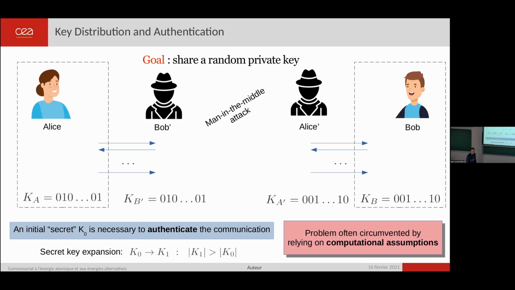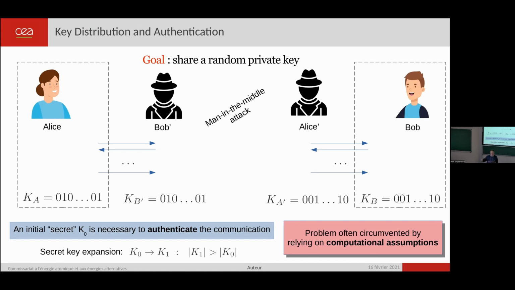Maybe you're wondering, we do secure communication on the internet, connecting to our bank and so on daily, and we don't have to ask these kinds of questions. So what happens? The answer is that what is done today relies on computational assumptions.